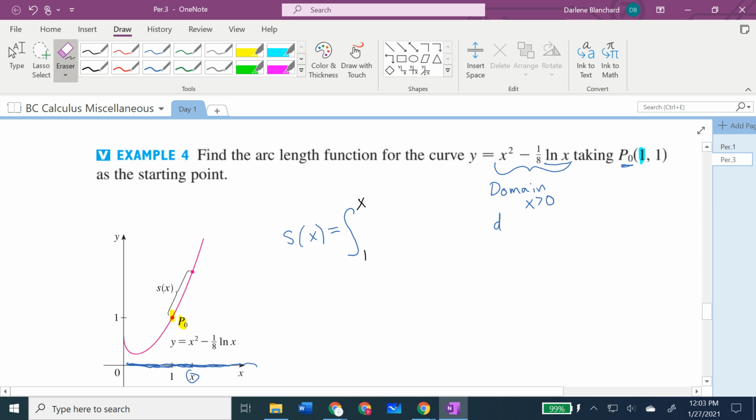So that means that I can change it to any letter I so desire. Typically, people use the letter T, but you can use any letter you choose. And now I want to look at this as a function with respect to t, as I create my integrand.